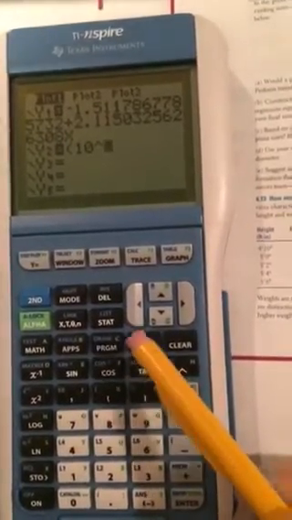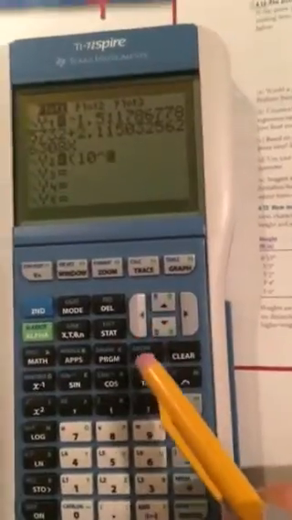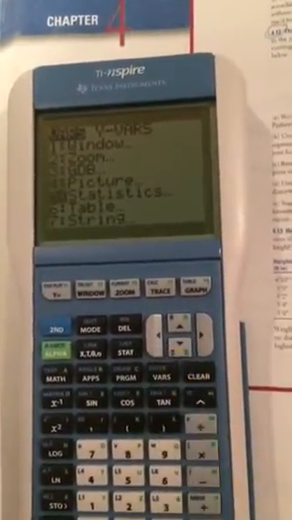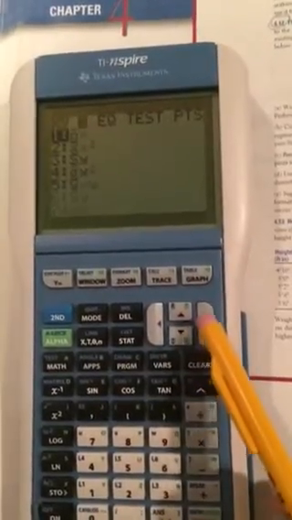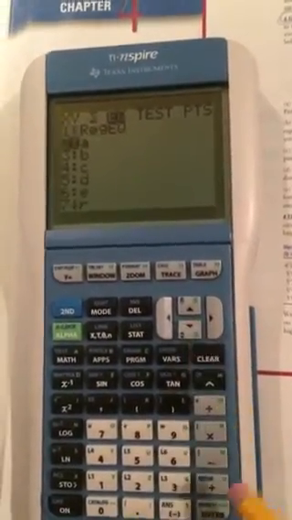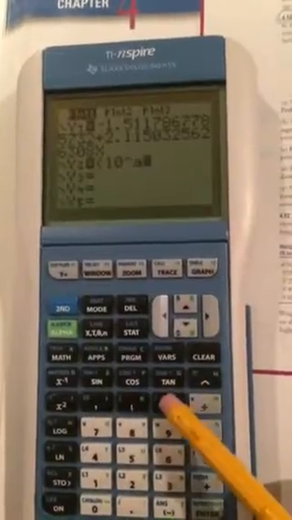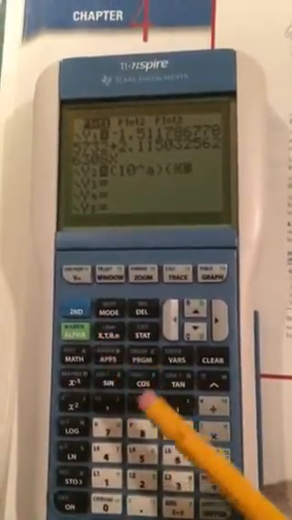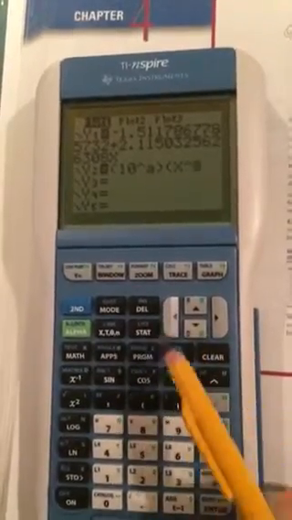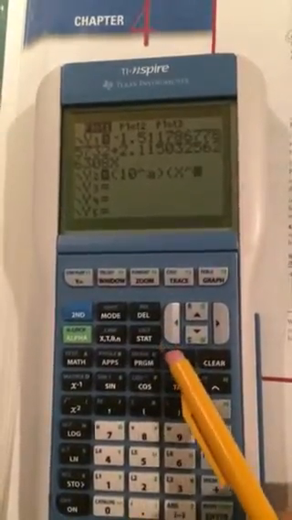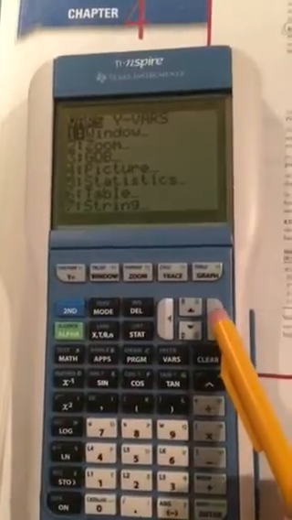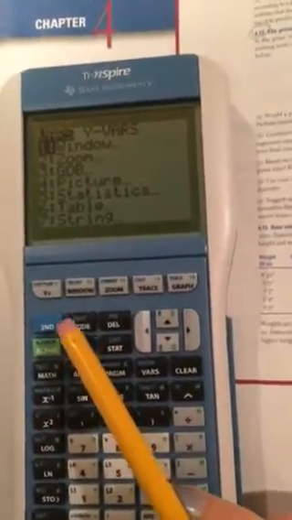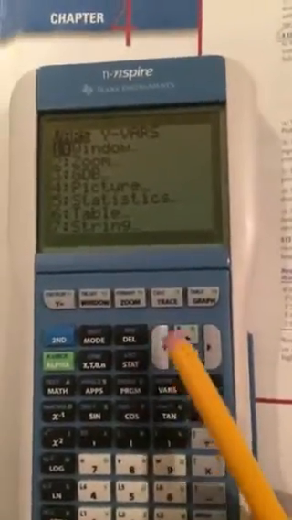Vars. Okay, girls, pay attention because this is a lot of steps. So we go to vars, and then we scroll down to statistics, and then we go over to equation, and then we go to a, close parentheses, x right here, raised to the same thing, vars. Basically in statistics you use stat, vars, or some variation of those, stat, second stat or second vars.